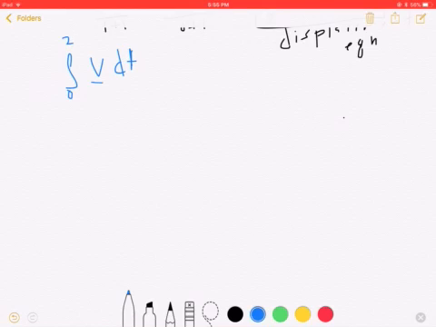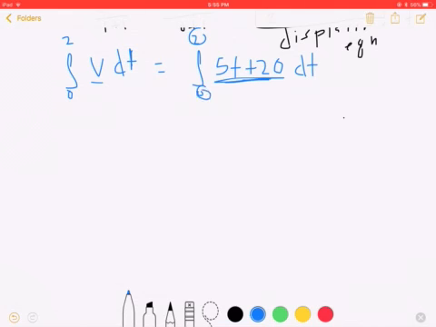Again, I plug in that v value, which we kind of already did the math for, but I'm going to show you again. So I have the integral of 0 to 2. Equation for v is 5t plus 20 dt. So I'm going to evaluate this integral from 0 to 2. The solution to this integral, we already did the math above, is 5 halves t squared plus 20t.